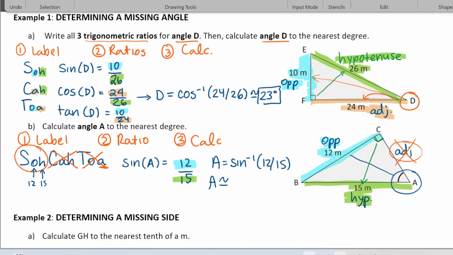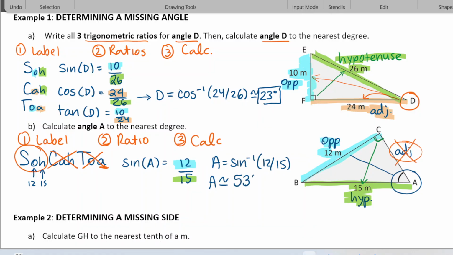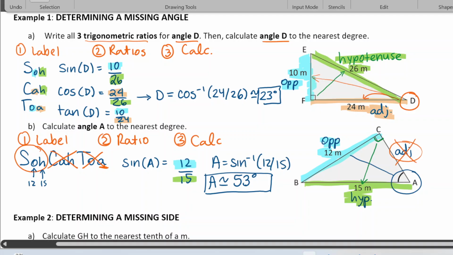Let's see what I get. So inverse sine of 12 over 15, or 12 divided by 15, is about 53.1, so 53 degrees. It says round to the nearest degree, so there we go. So sometimes you'll have to choose the right ratio to use when you can't use all three. Okay, so that's calculating a missing angle.